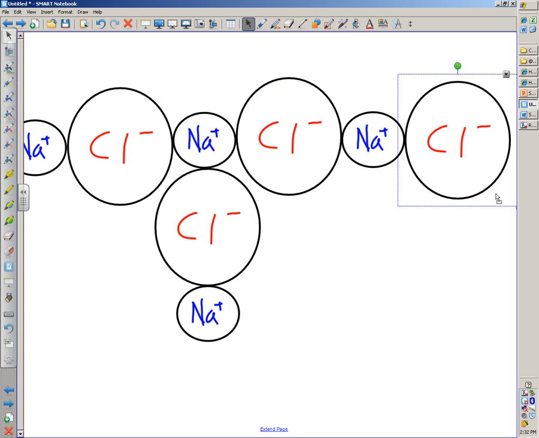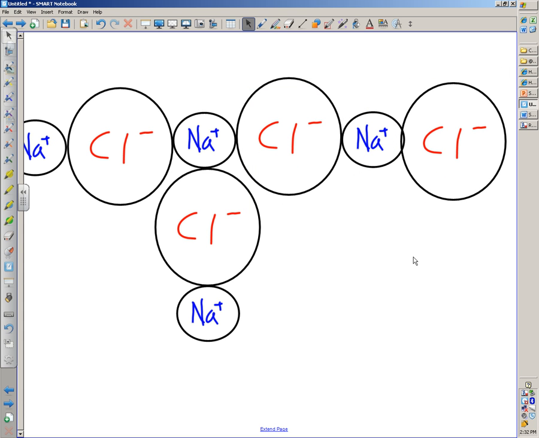This is getting crazy. Okay, so now you got this picture. And if I just showed you this picture at the beginning, could you really tell which sodium lost its electron to which chlorine? Not if I just showed you this picture, and this is a really incomplete picture, right?